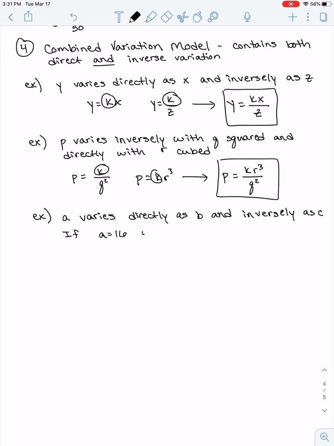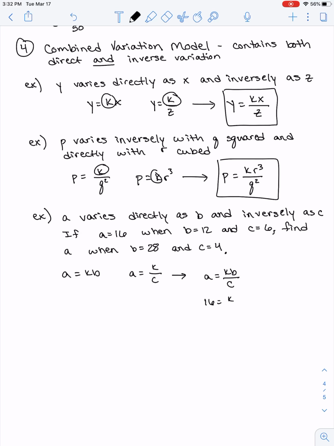Okay, so a varies directly with b, so that'd be k times b. And then a varies inversely with c, so that'd be k over c. So my mushed up model is a is equal to k times b over c. If I plug in the values that I know, that a equals 16 when b equals 12 and c equals 6, I can reduce this and say that that is 2 times k.